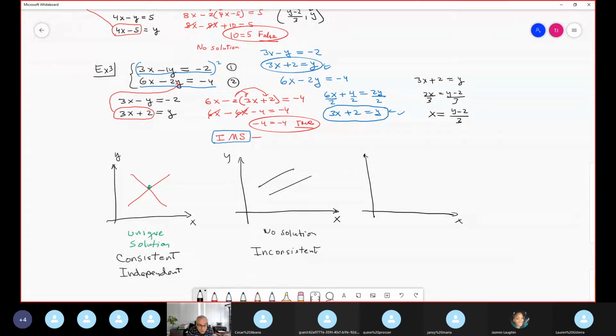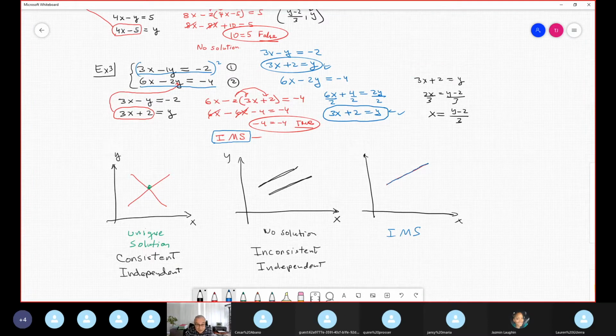This is also independent, because we have two different lines that represent two different graphs. Different graphs, independent. And the same graph happens when the lines are in perfect coincidence. You have two lines, the red line and the blue line, but they are coincident. You know that we have infinitely many solutions.